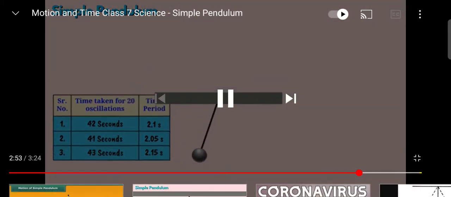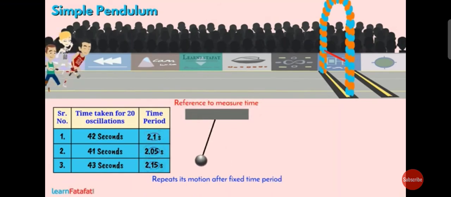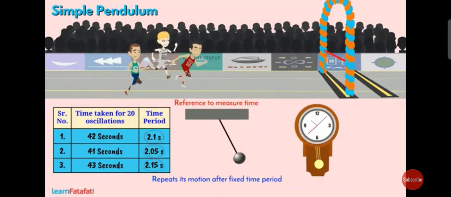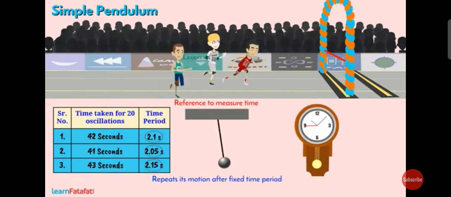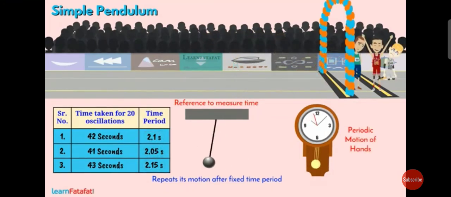A simple pendulum repeats its motion after a fixed time period. We can take it as a reference to measure time. In fact, we can use any periodic motion to measure time. The clock that we use to measure time is also based on periodic motion of its hands. Here we complete this topic. Thanks for watching this video.